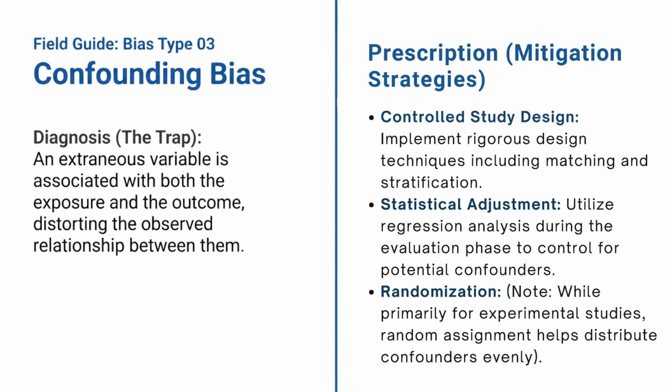In the design phase, use a controlled study design with rigorous matching and stratification. In the analysis phase, use statistical adjustment. Utilize regression analysis to mathematically control for these potential confounders. And while randomization is primarily for experimental studies, understanding its logic helps us. We want to distribute confounders evenly across groups so they cancel each other out.